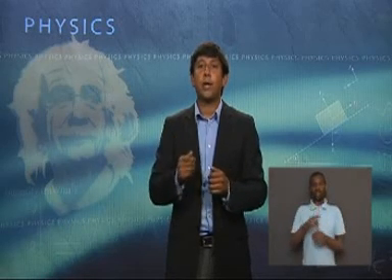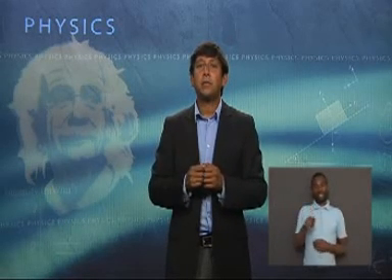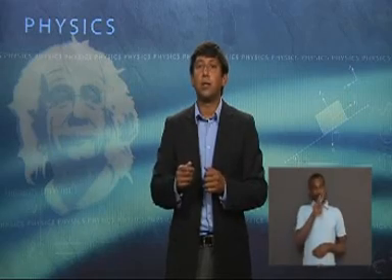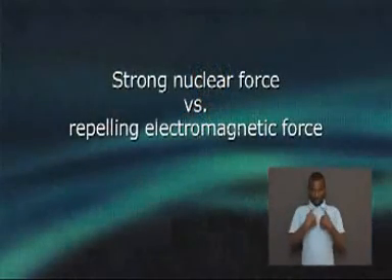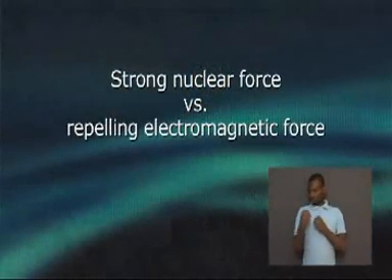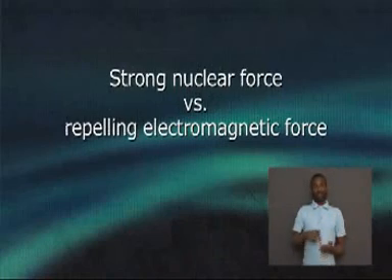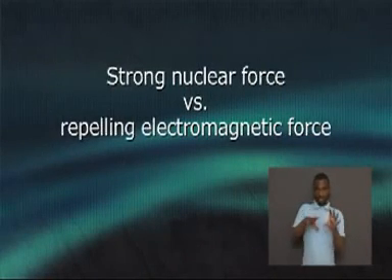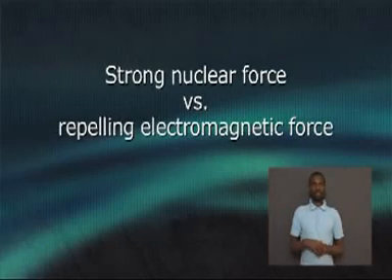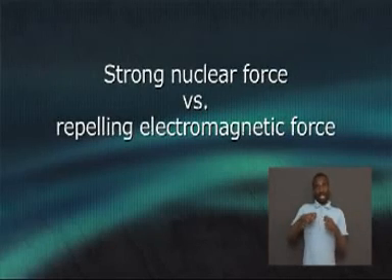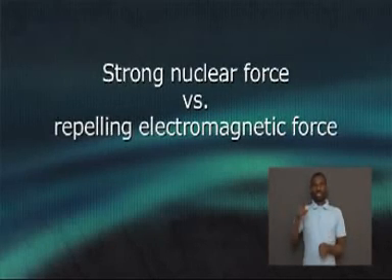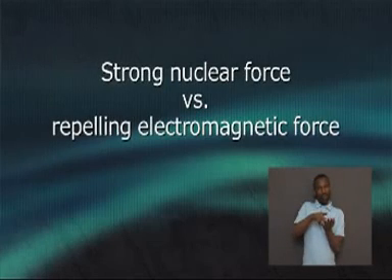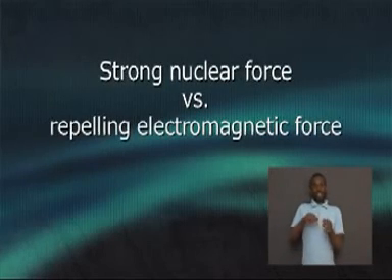Binding energy reaches a maximum level because of the trade-off in the effects of two opposing forces: the strong nuclear force, which binds protons and neutrons equally to each other, and the repelling electromagnetic force, which acts between protons to force nuclei apart.